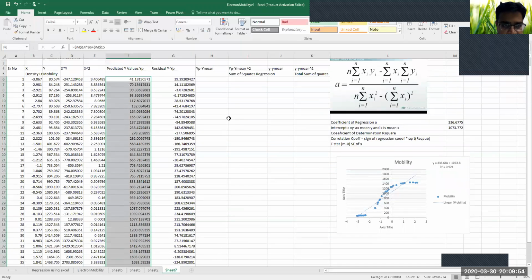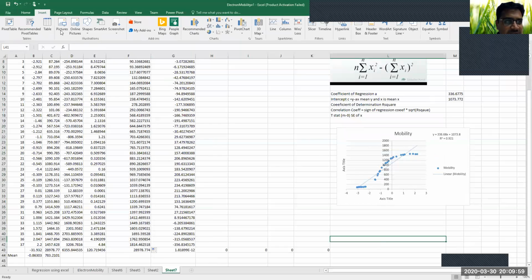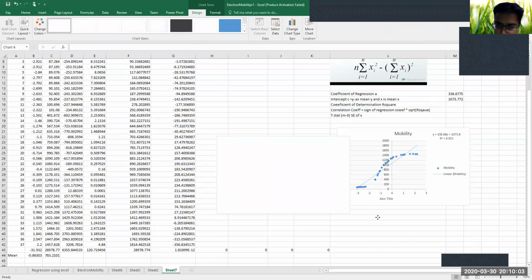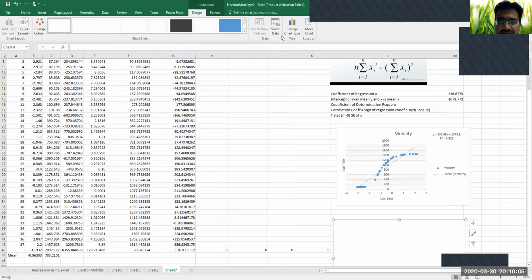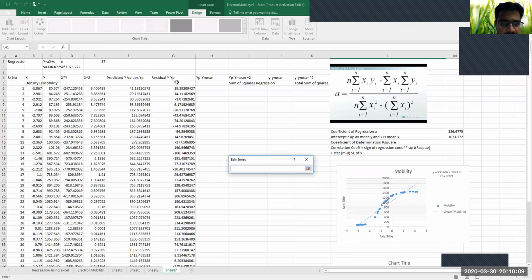And once we get the correct values here, we can put a plot, a residual plot. Insert a scatter plot. Okay, select the data. So add, select the range, add, select the x value.